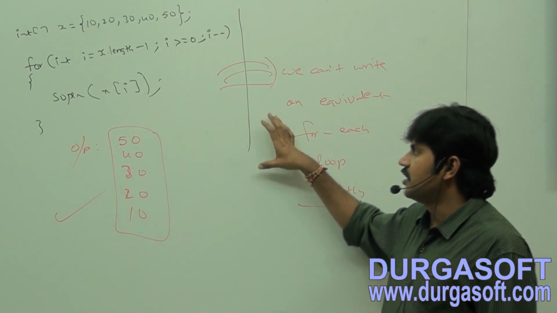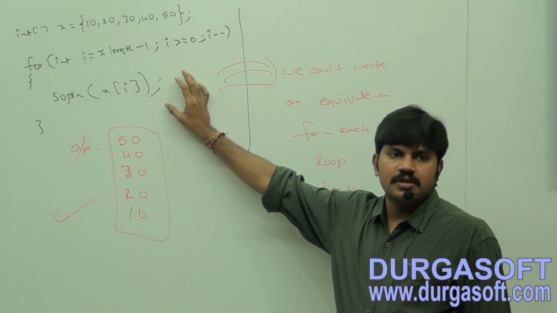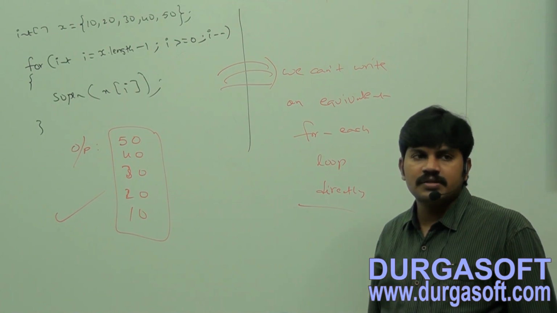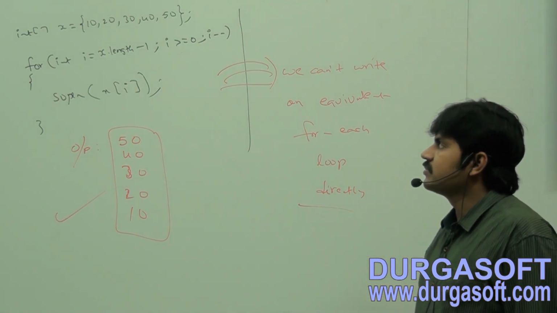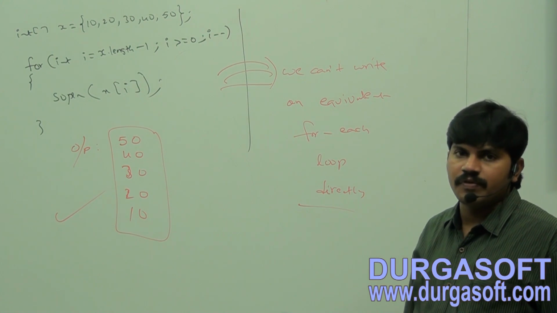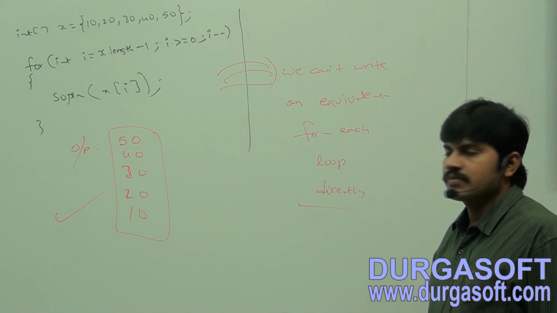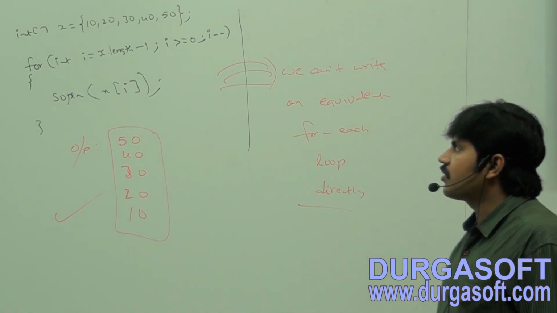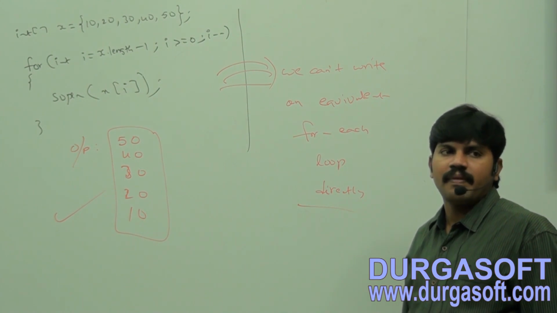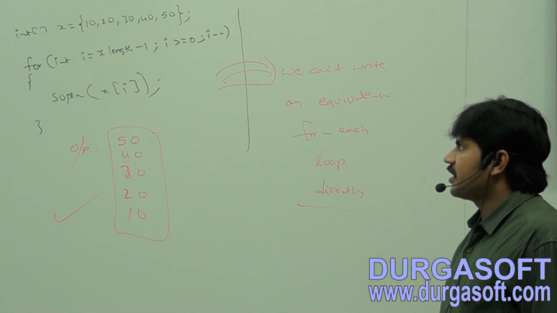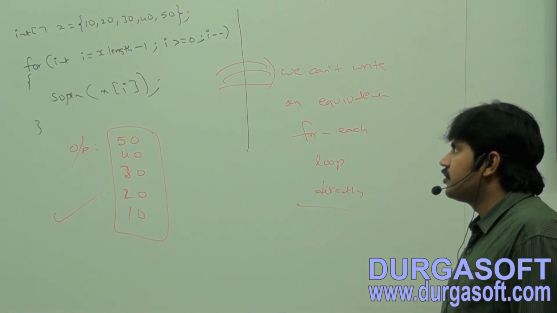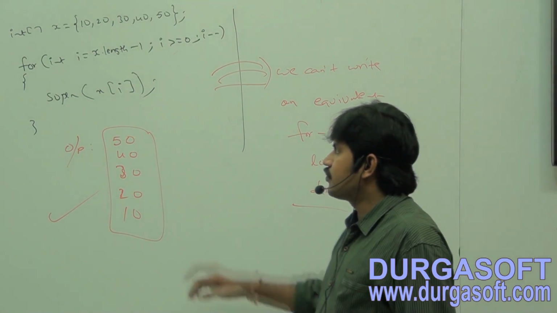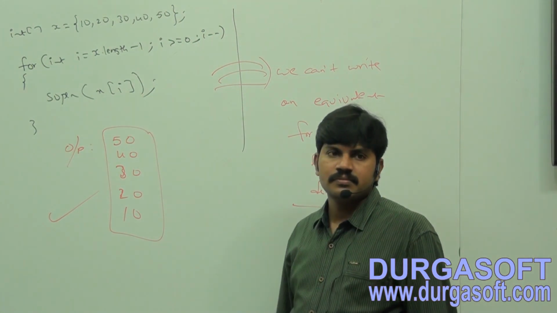Okay, take this example anyway: int[] x = {10, 20, 30, 40, 50}. for (int i = x.length - 1; i >= 0; i--), SOP of x[i].